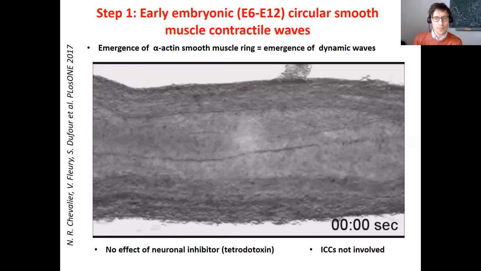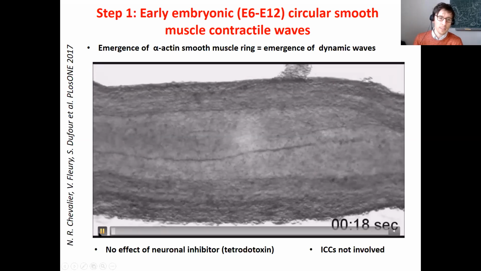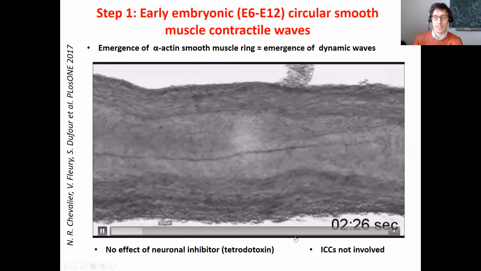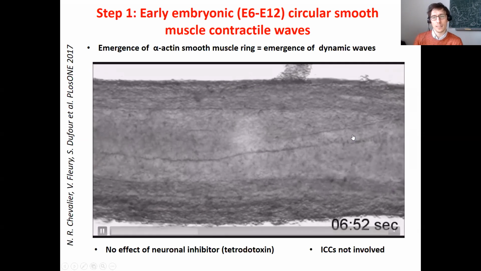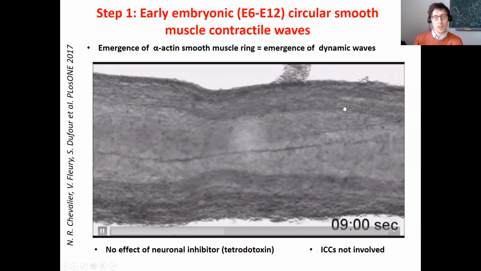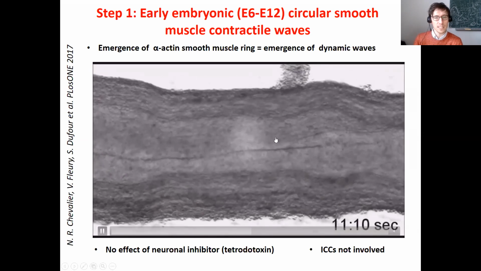So the first movements in the chicken start at 6 days of development. As soon as a ring of circular smooth muscle differentiates inside the gut mesenchyme, you'll see motion like this. That's an accelerated movie. So you see waves propagating at constant velocity, left and right, nucleating in some points.